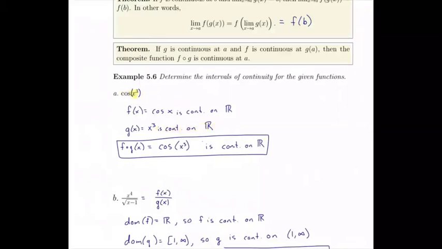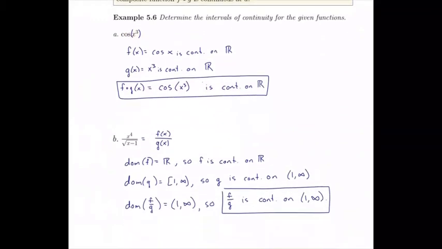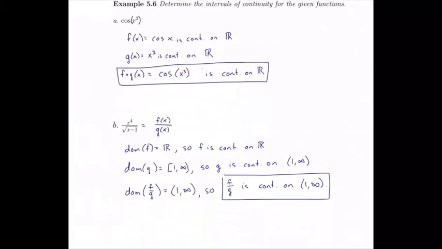So f of g, which is cosine of x cubed, once we compose those two things, is continuous on the set of real numbers. And notice there were no domain restrictions, so this is just true in general. We might have to be more careful in the next case, where we'll see how.